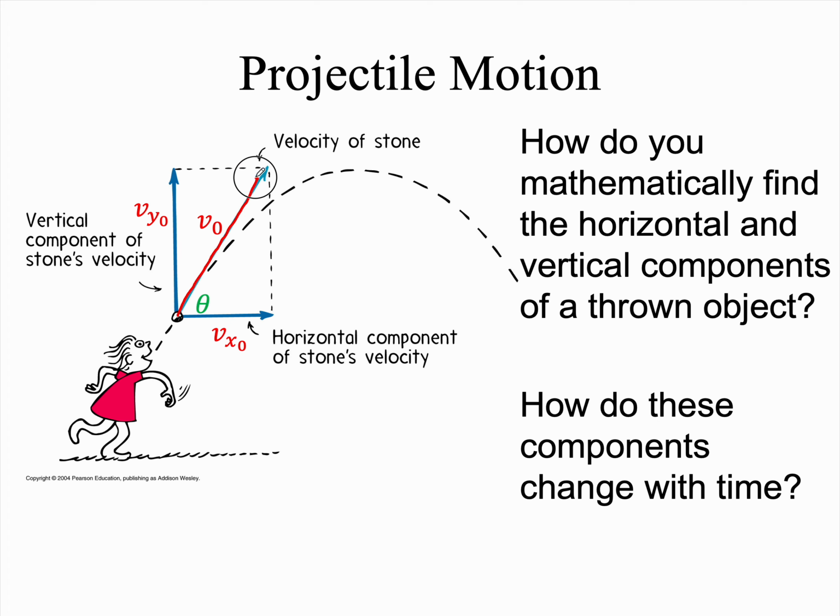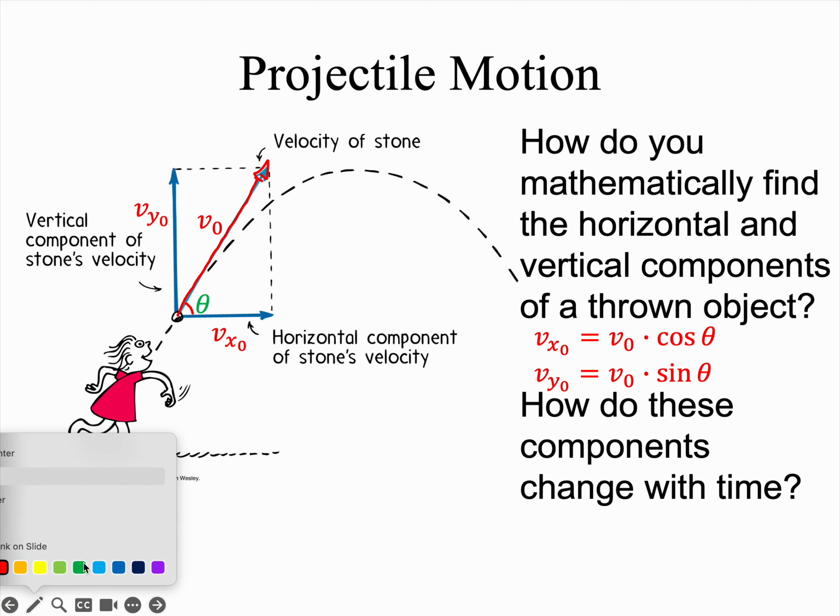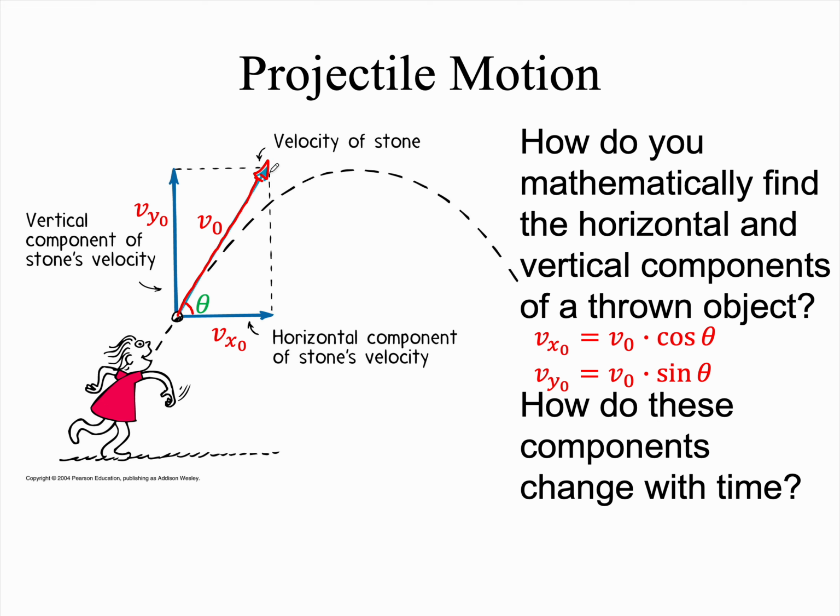Doing that, if this is theta down here, and again, we could draw that over on the other side, maybe that would help, you should recognize, oh yeah, cosine of theta is going to equal the adjacent side over the hypotenuse, V0.